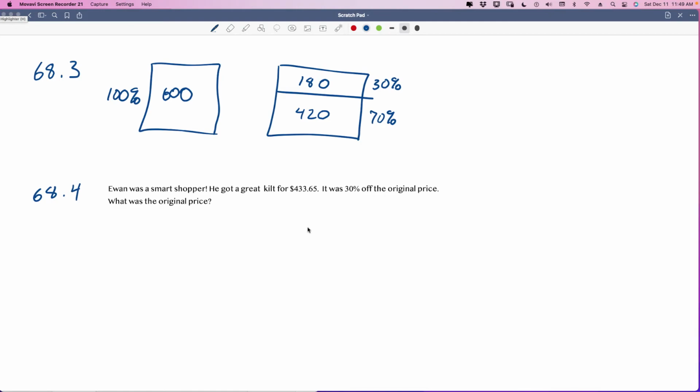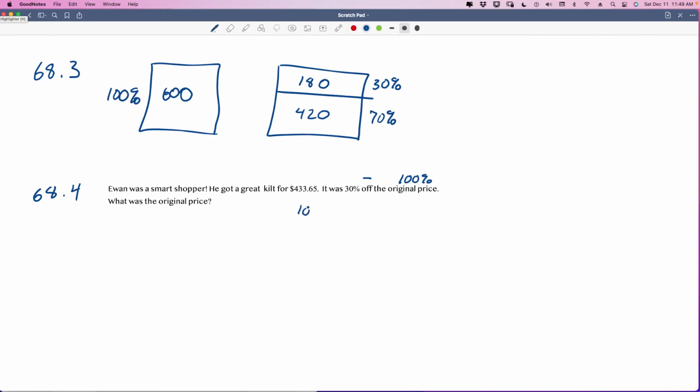So we have to envision that, and we have to say to ourselves, how are we going to set this up? So we know that 30% off, all right, so that's 100% of the original price. The original price is 100%, right? And this is 30% off. Off is another word for minus.